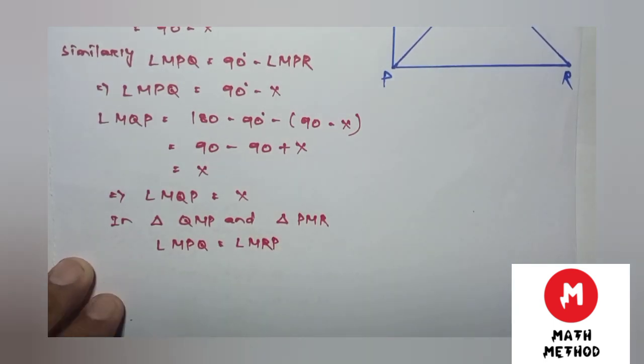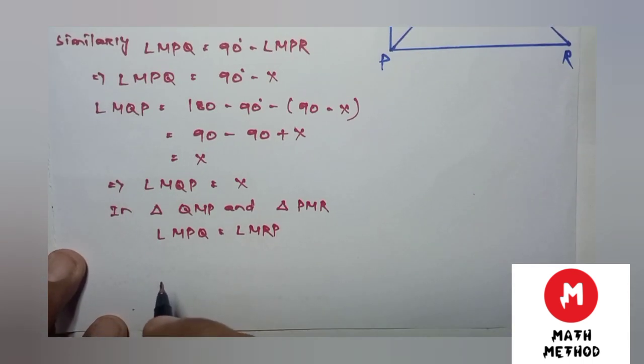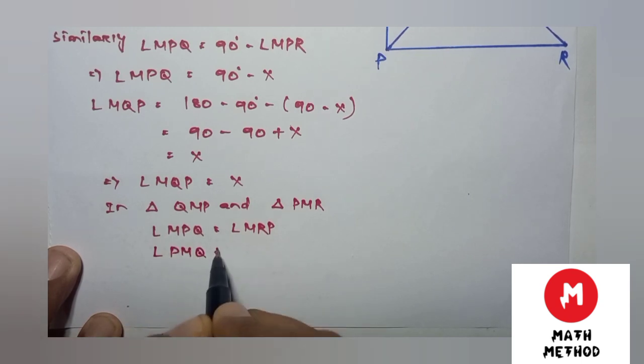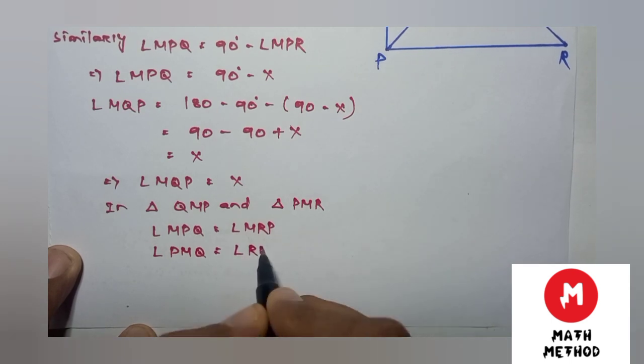MRP is equal to our 90 minus X degrees, and angle PMQ is equal to angle RMP.